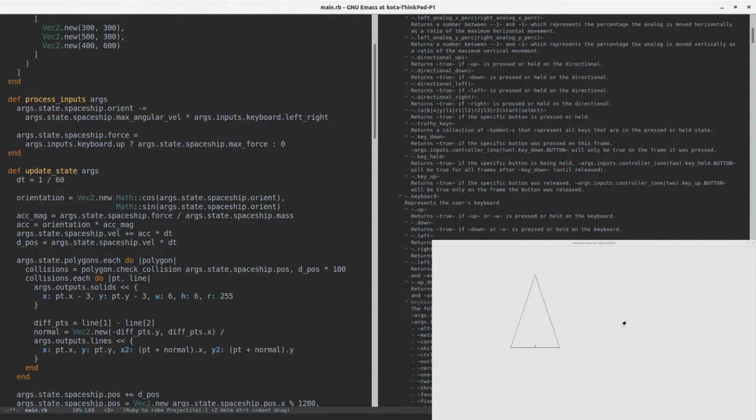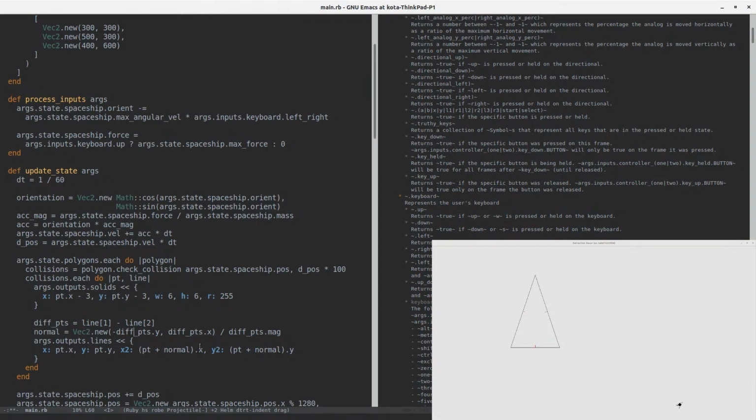Divide by diff points dot mag. I see. Yeah, unfocused. I guess it probably was patched, since I presume it's not using as much of my resources now. It doesn't seem to be rendering every step, so good.